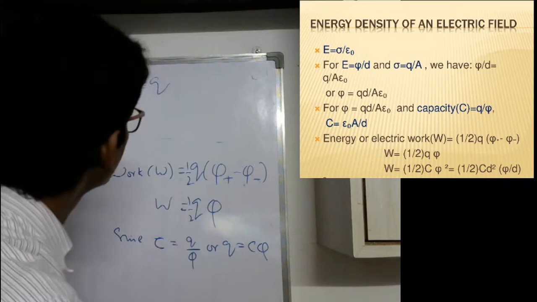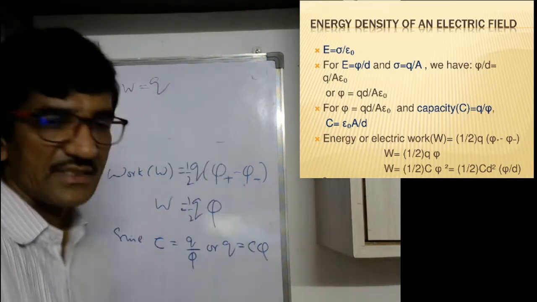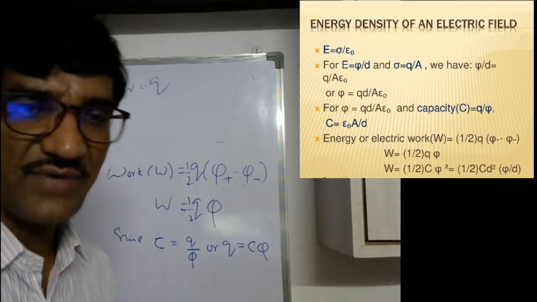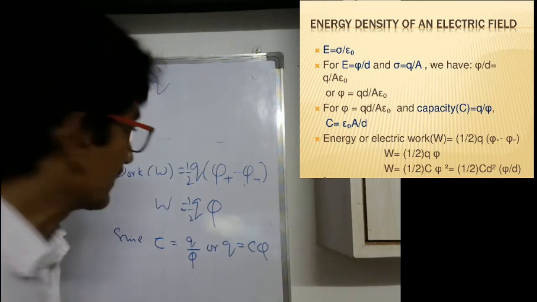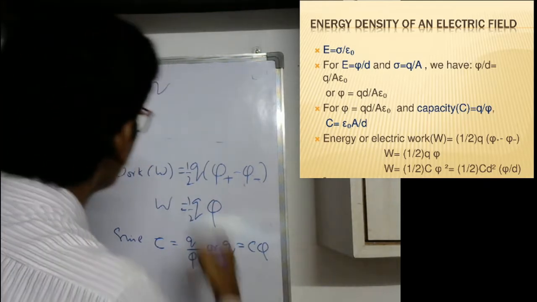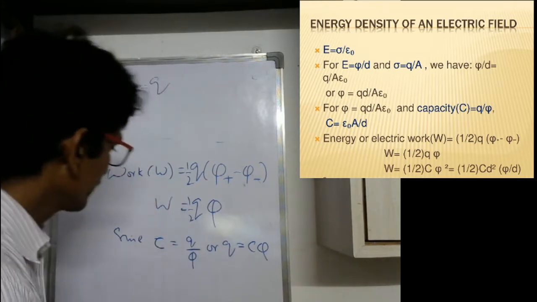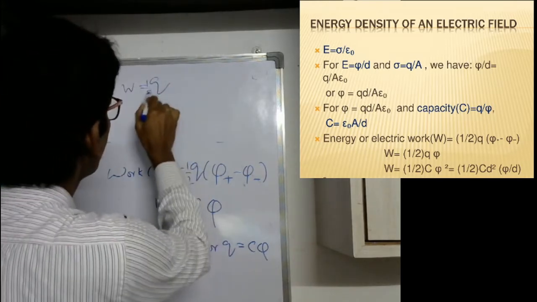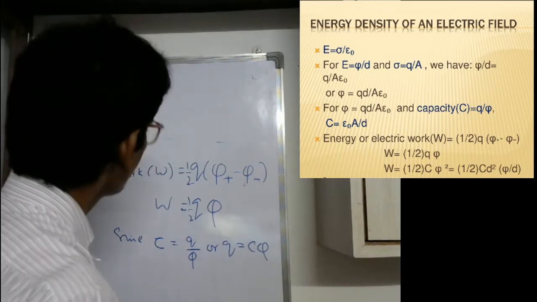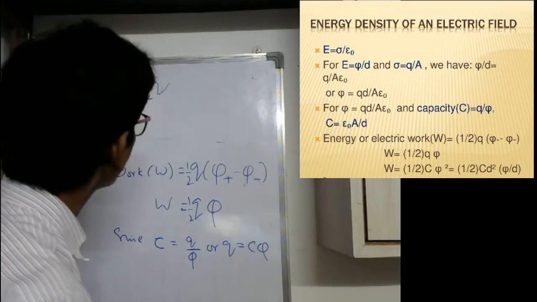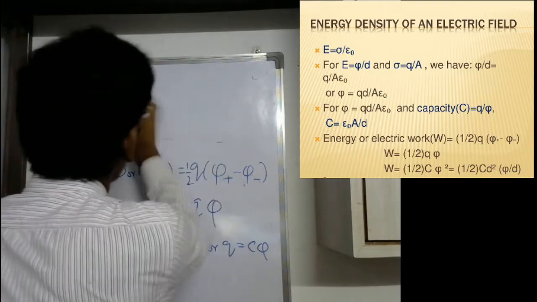Again, it is nothing but the interaction energy. In the interaction energy formula, we wrote half of Q phi, like that, right? Here the charge on both plates is the same. Now, half of Q phi. Let us write for Q here.